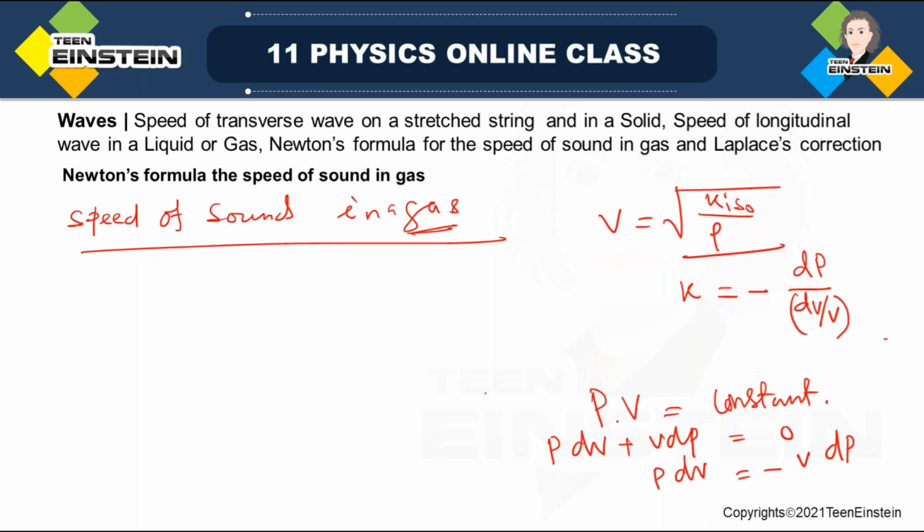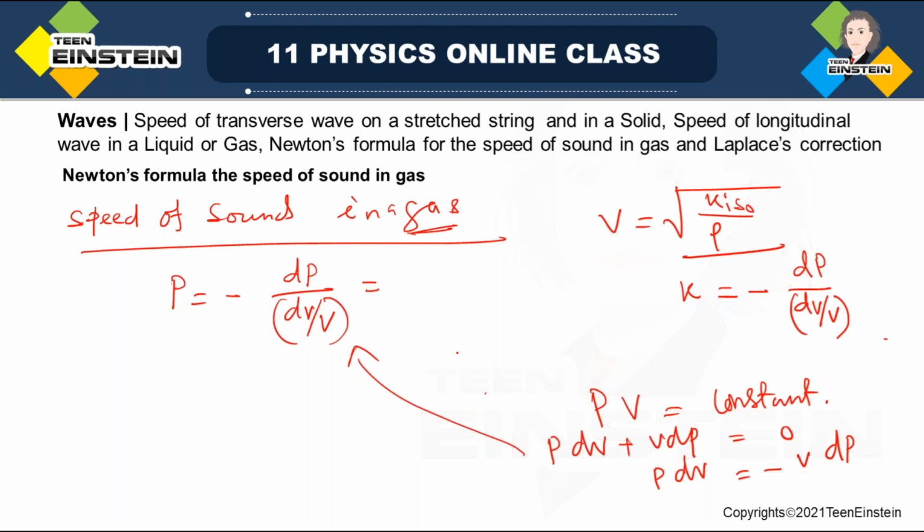And for an isothermal change, we know for an ideal gas PV is equal to constant. The V here is not velocity, it is volume.